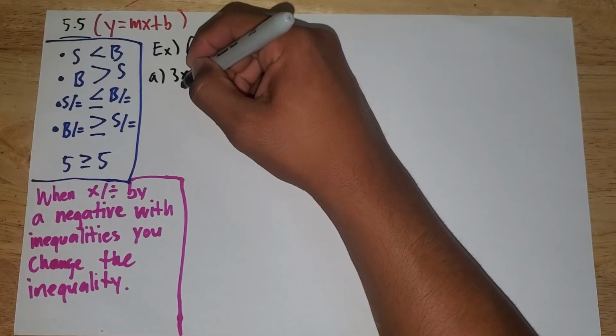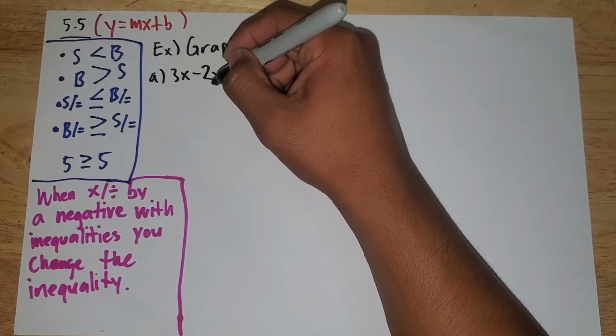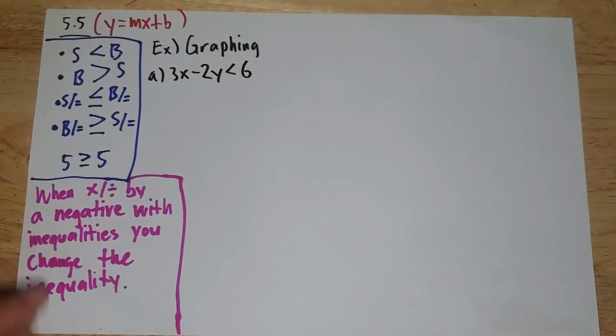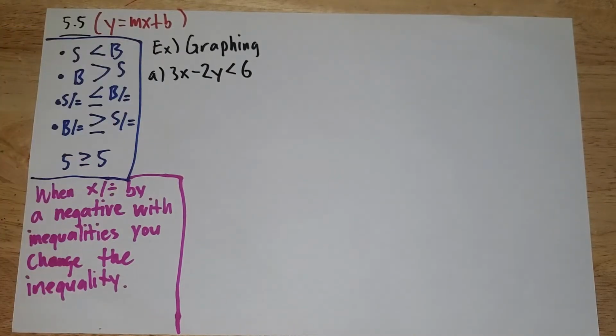It's going to be 3x minus 2y is less than 6. Again, it looks exactly like the linear equation, just instead of having an equal sign, it has the less than symbol.